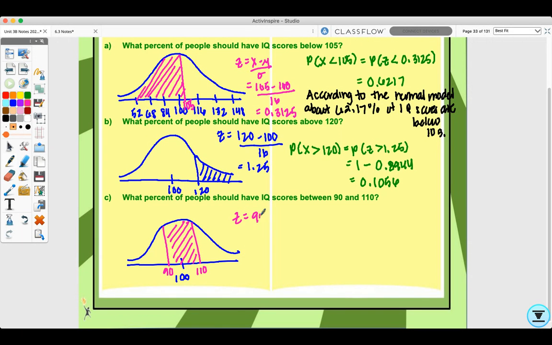So we'd have 90 minus 100 all over 16, which equals negative 0.625. And then our other z would be 110 minus 100 all over 16, which would be 0.625.